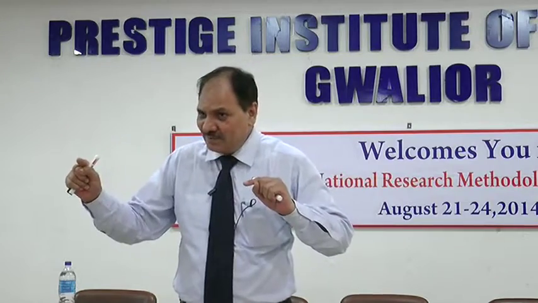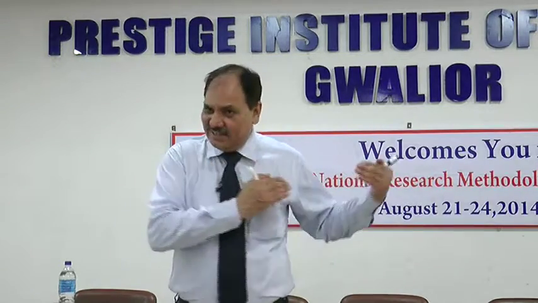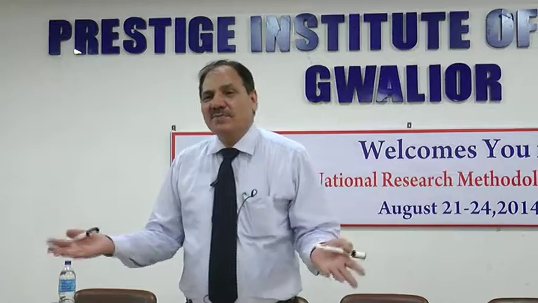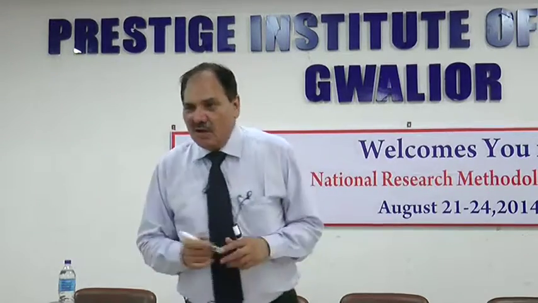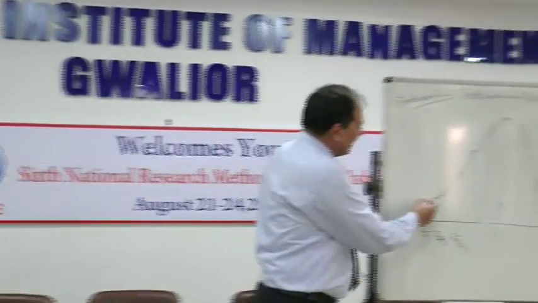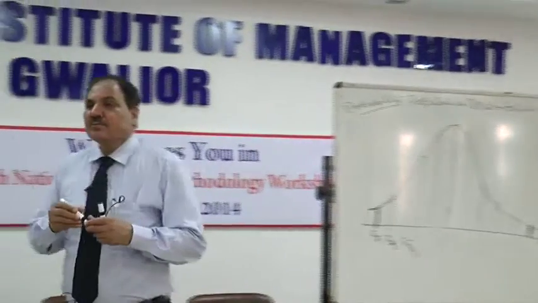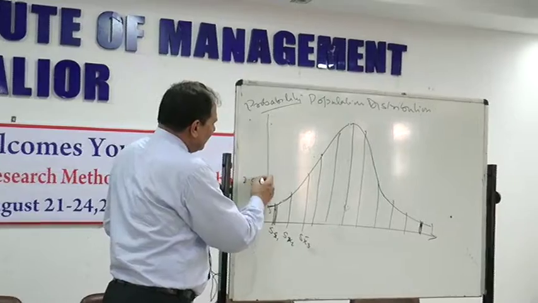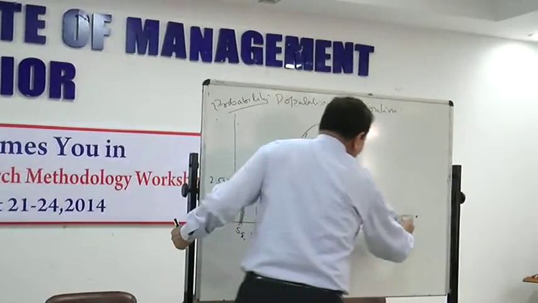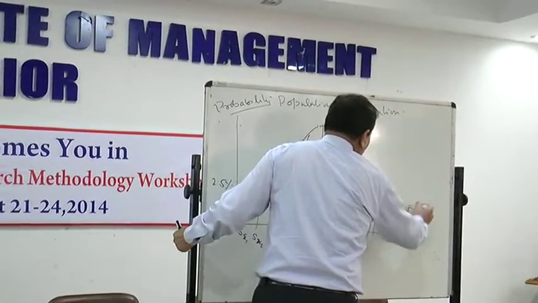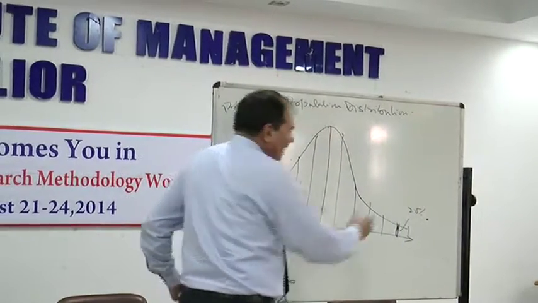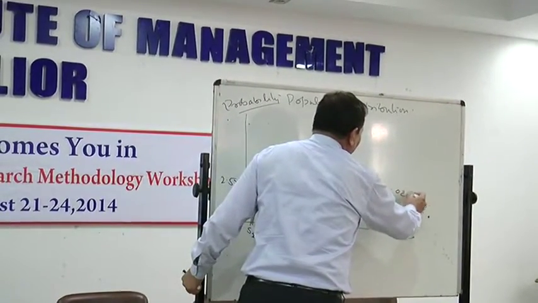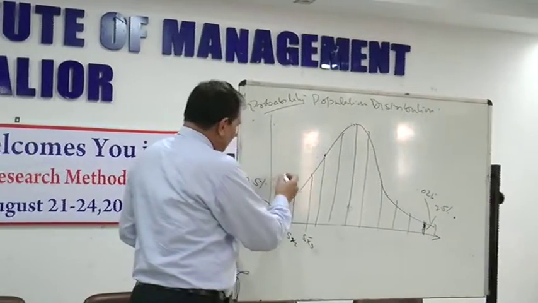If it is one-tailed, then the area in that tail will be equal to the level of significance. Now, if in our case we take the level of significance as 5%, then the area covered will be 2.5% this side and 2.5% this side. Or in terms of fraction, 0.025 and 0.025.